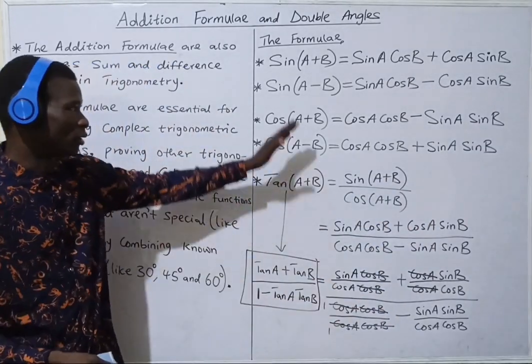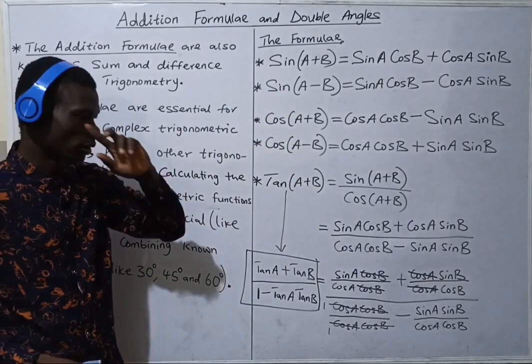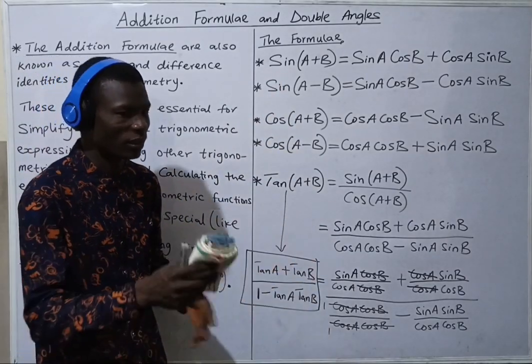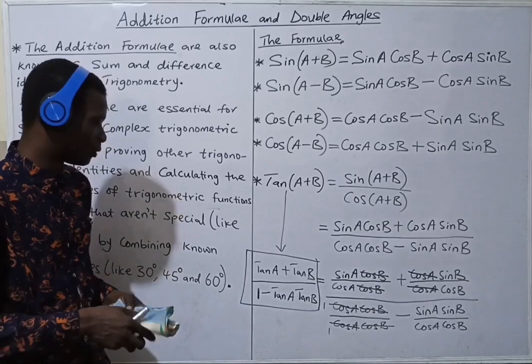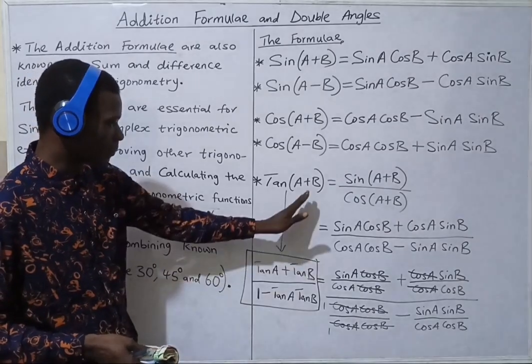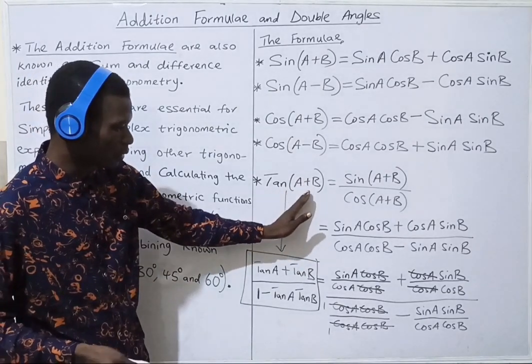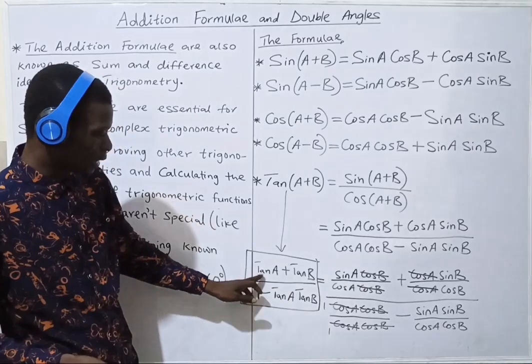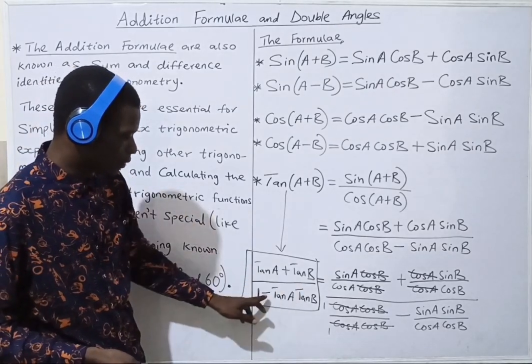Don't mind me, I try to make my writing so legible so that we will not have any issue, and because of that I was using up too much space. But then pick this: tan A plus B equals tan A plus tan B over 1 minus tan A tan B.